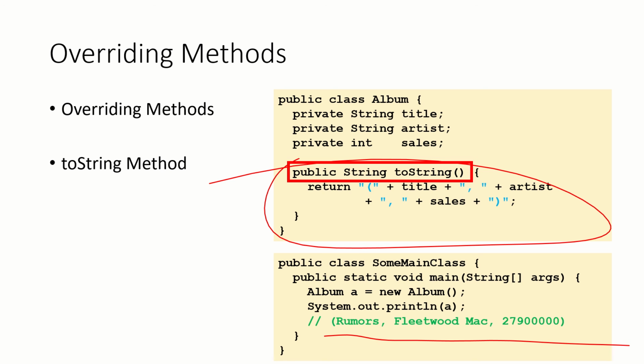So toString, they inherit from the Object class. Currently you don't have to understand what the Object class is, but you know all classes inherit from Object, which means every class. For example, Scanner, String, NumberFormat.